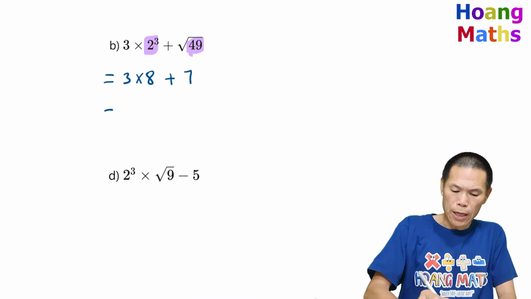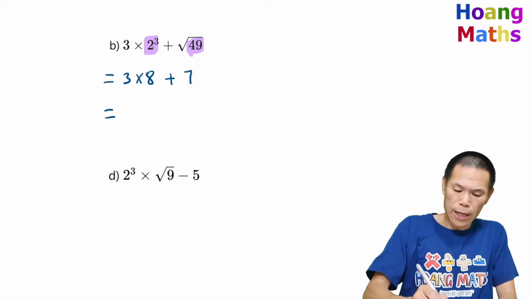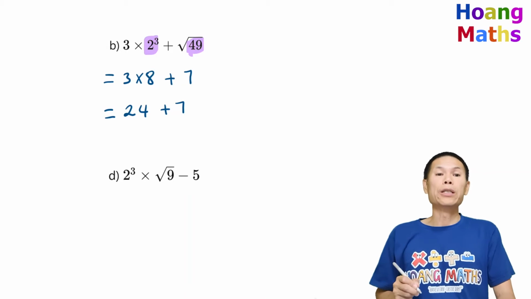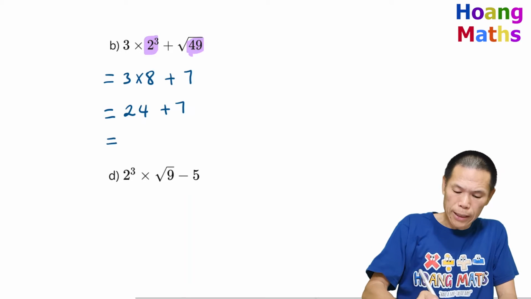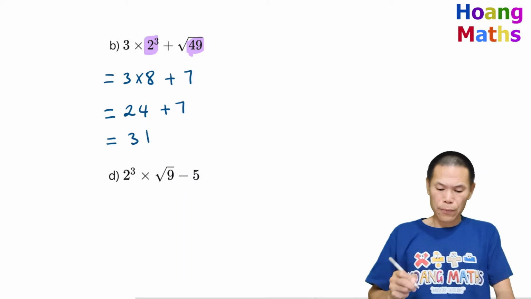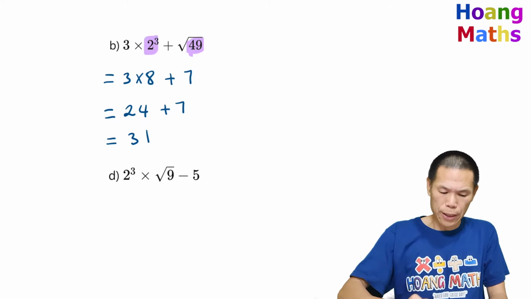There you go. And 3 times 8 is 24. So 24 and we add 7. 24 plus 7 is 31. So the answer is 31. There you go. And I hope you got it correct.